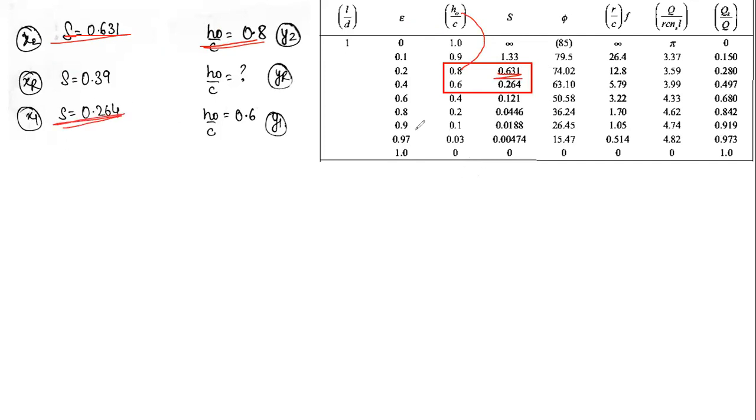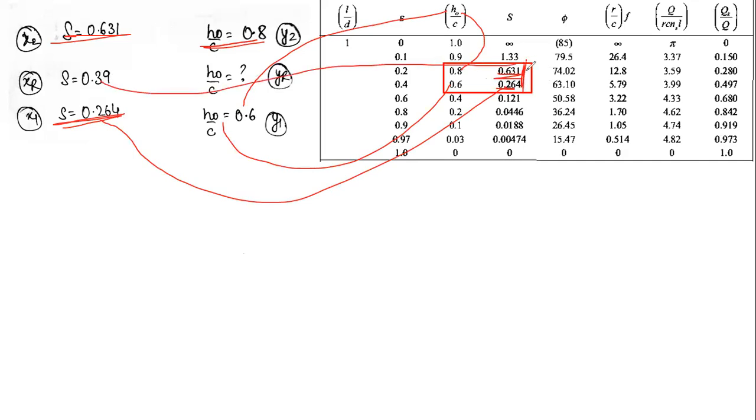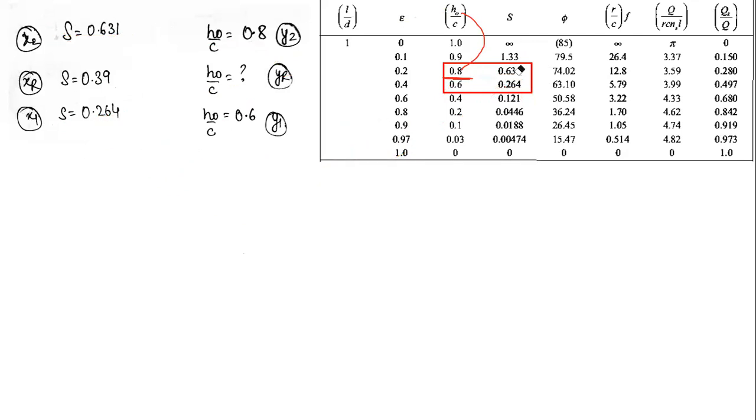Same way, if Sommerfeld number is this 0.264, then in front of that, this HO by C value is 0.6. So if 0.39 lies somewhere between these two values, then what is the value of HO by C for this 0.39 Sommerfeld number value?